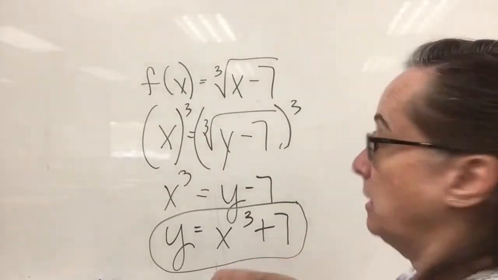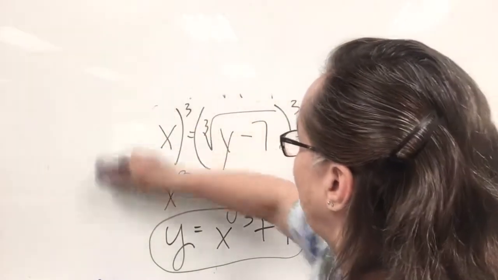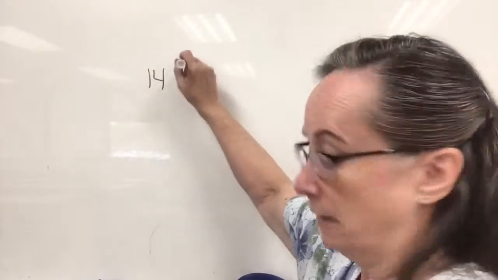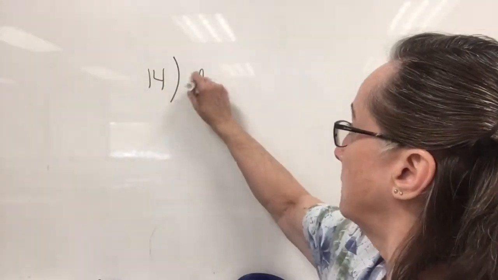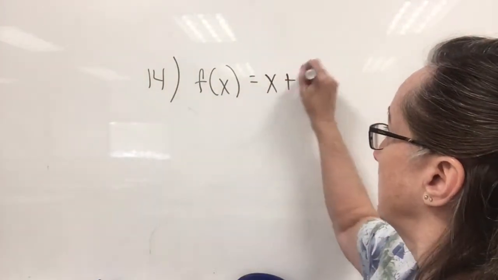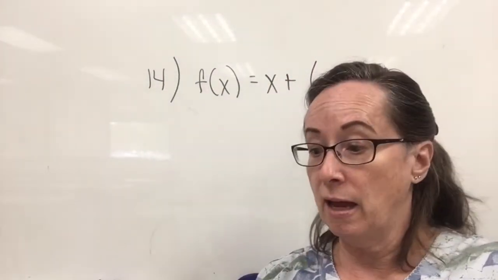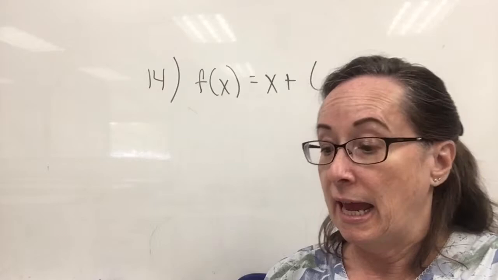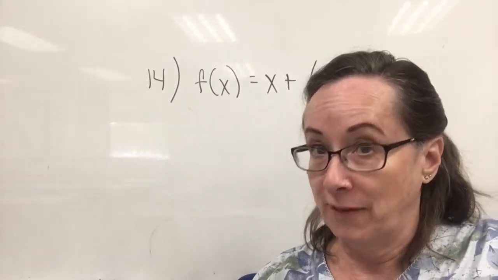And then number 14 is a line. Okay, so number 14 is f of x is equal to x plus 6. Okay, so now we have a line and we're going to find its inverse.